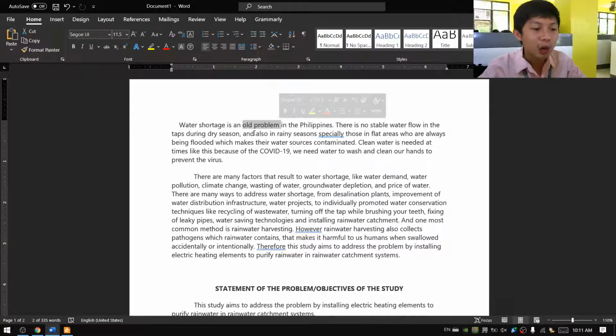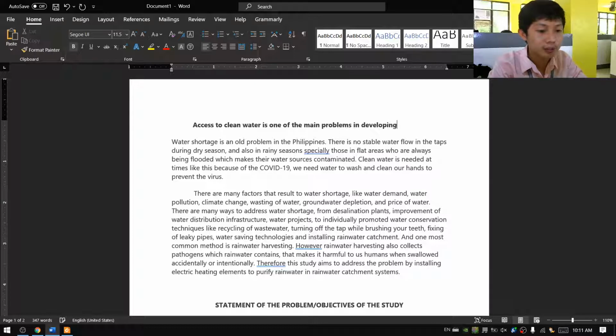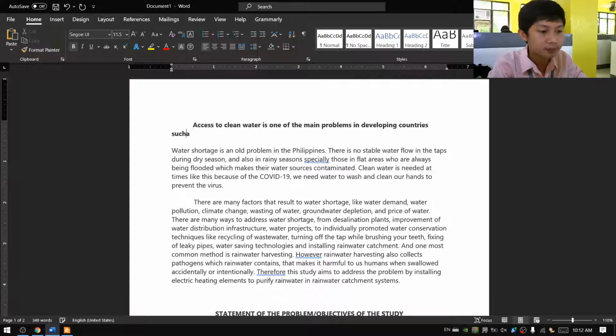Like for example, you can rewrite this one. For example, you can say that access to clean water is one of the main problems in developing countries such as the Philippines.